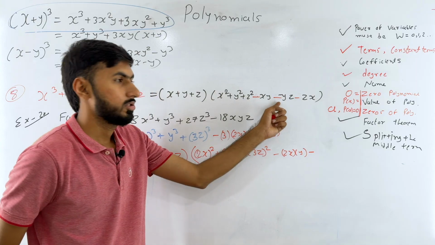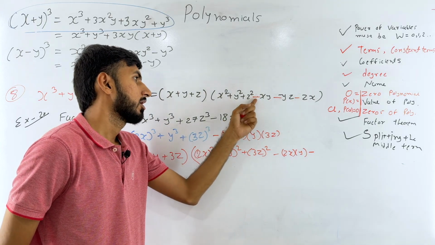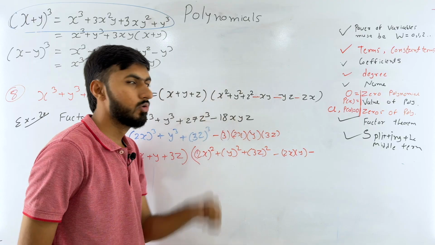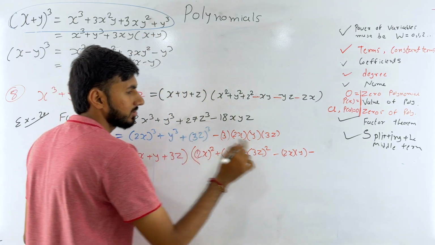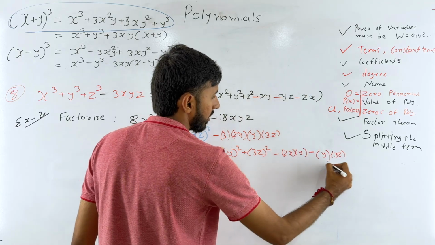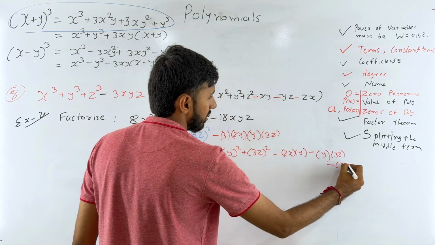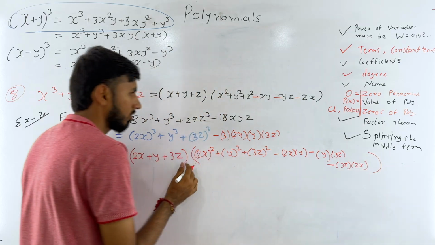Don't forget to write the proper sign. Here you have a minus sign and here a plus sign. Then minus yz, that means y and 3z, and the last one is minus zx, z is 3z and x is 2x. So this will be your second bracket.